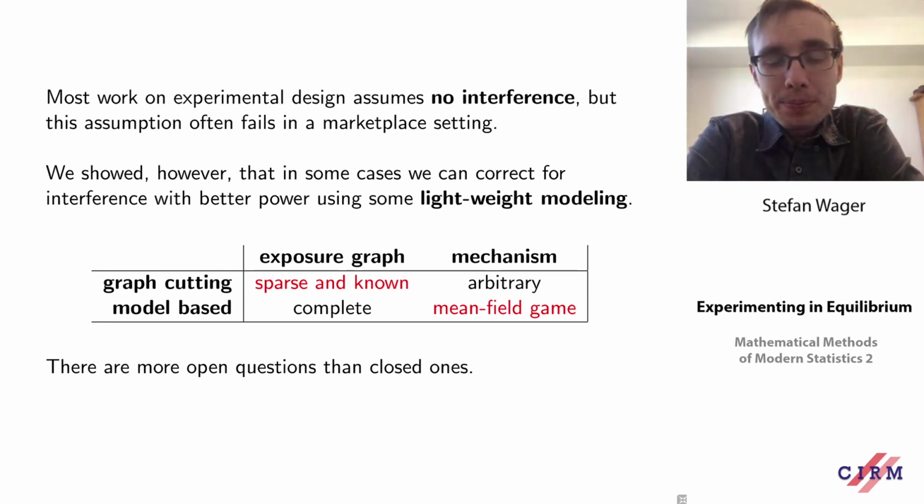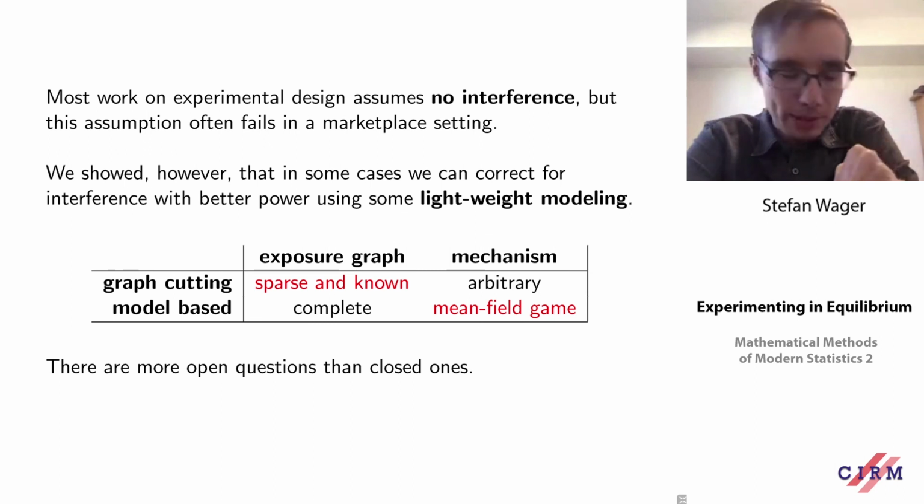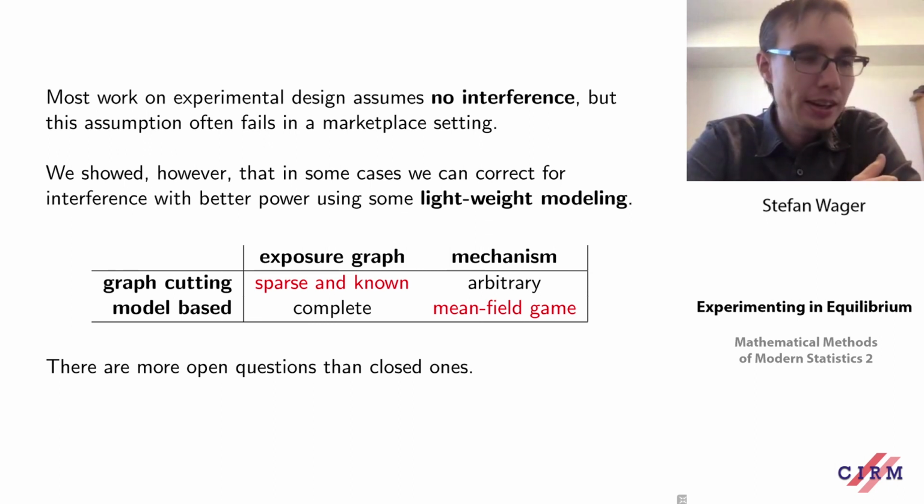And the main result is that in this case, you can use mean field modeling to account for the interference and recover reasonable methods for experimental design with good sample complexity across days.